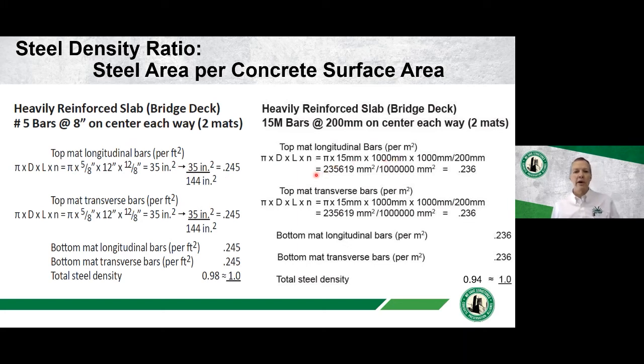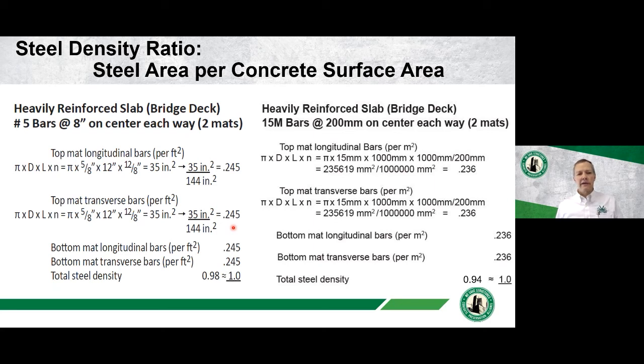You'll come out with a number, so many square inches out of 1 square foot and 144 square inches, or so many square millimeters per square meter of concrete surface area. That will be the steel density ratio for the longitudinal bars in the top mat on that particular application. You're then going to look at the transverse bars in the top mat.